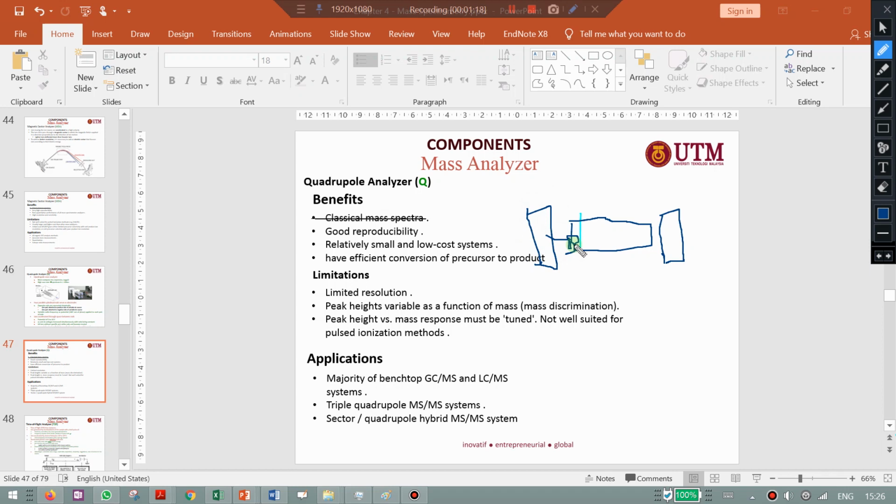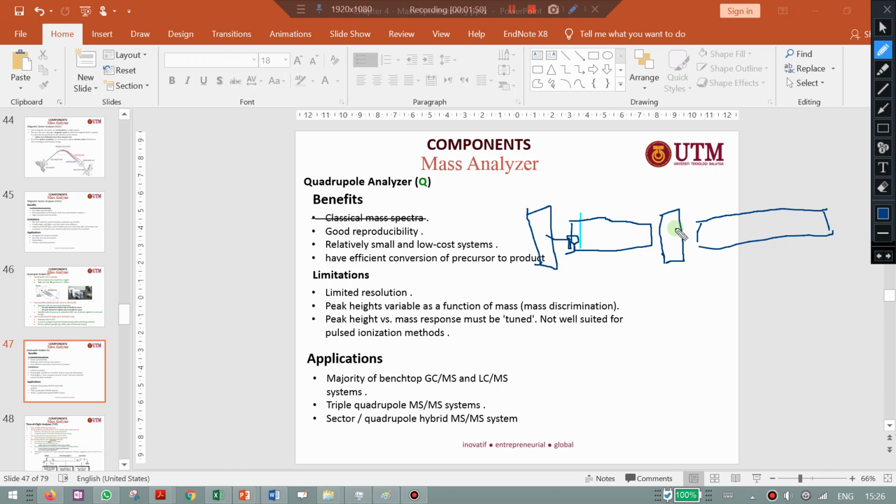Okay, let's say the precursor ion reaches the second ionization chamber, then kat sini dia akan further ionize. Lepas tu dia akan pass through the mass analyzer for further separation. Okay, again, in the MS, because of the quadrupole, we can adjust the magnetic field, dan dia akan boleh pass through the detector easily. So what happens is, during the first MS step, dia akan spread. Kat sini kita boleh select our precursor ion based on the abundance.